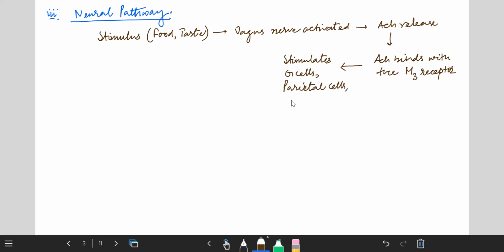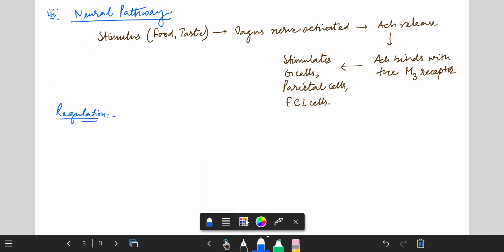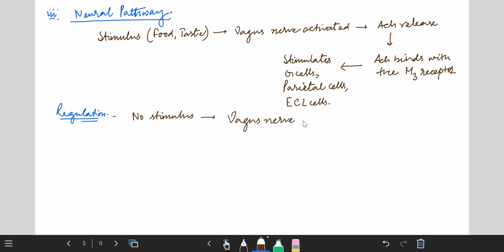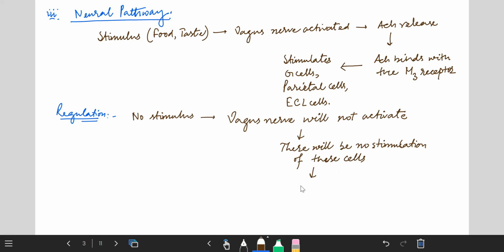As a result, there will be no release of acetylcholine, so no stimulation of cells like G cells, parietal cells, and ECL cells will occur.